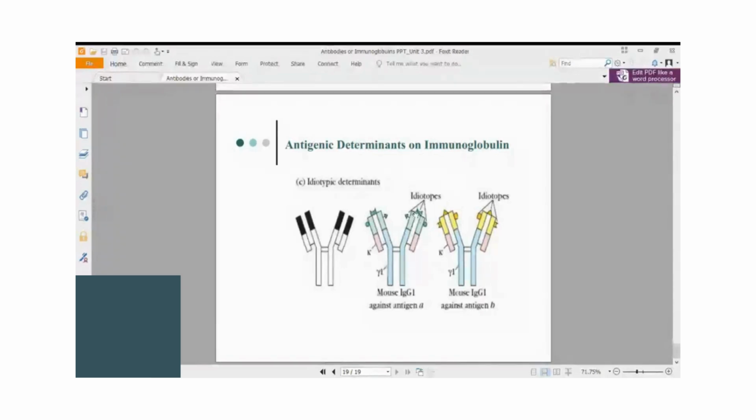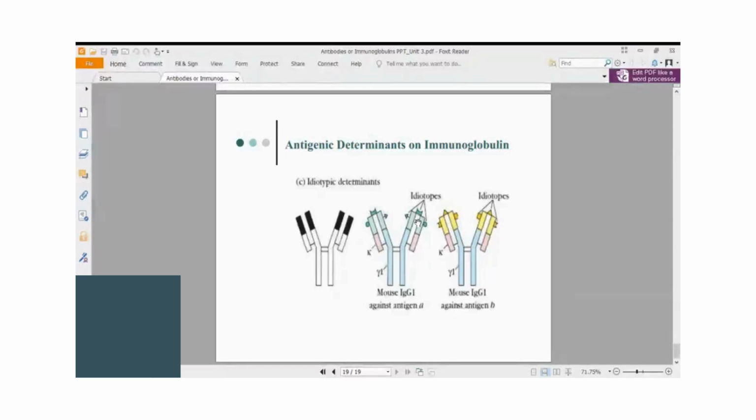And that affinity is based on that FAB region and that antigenic epitope. So that idiotope differs from one IgG molecule to another IgG molecule because it is highly specific as far as the antigenic determinants or epitopes of the antigen are concerned.